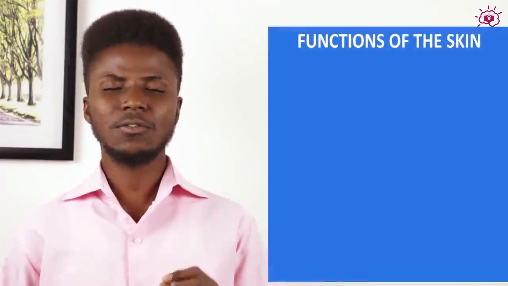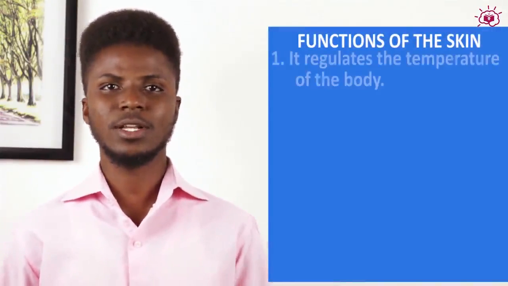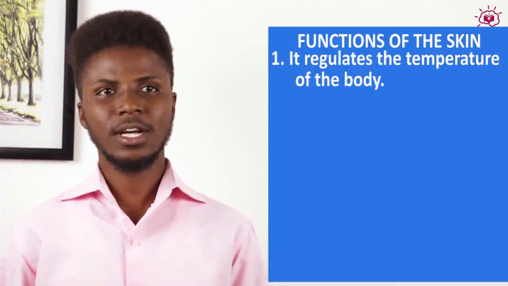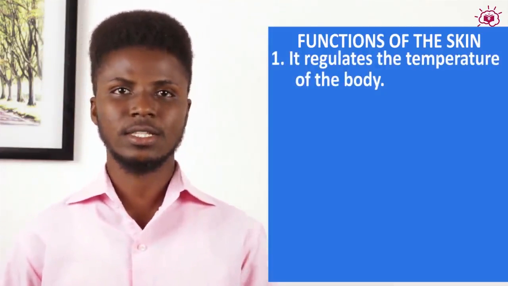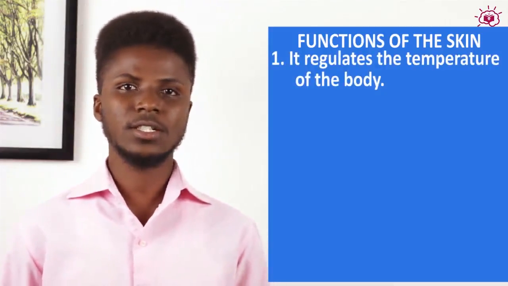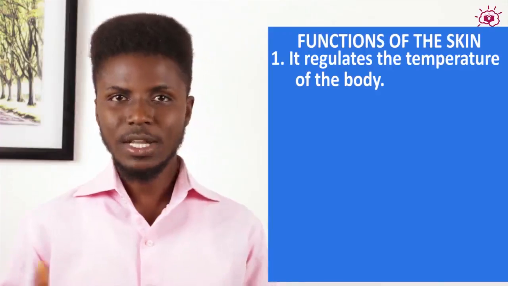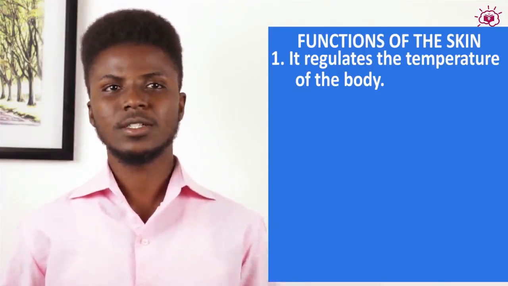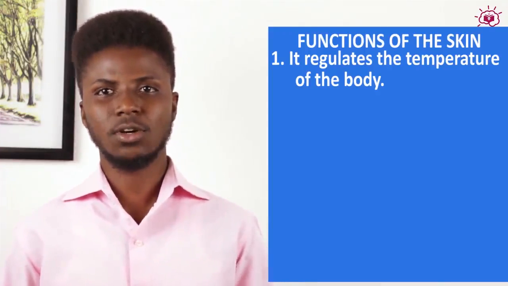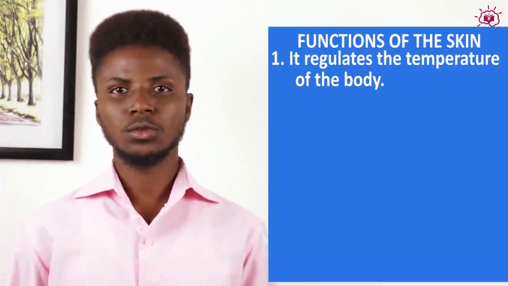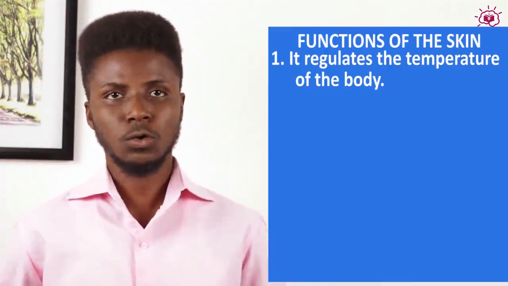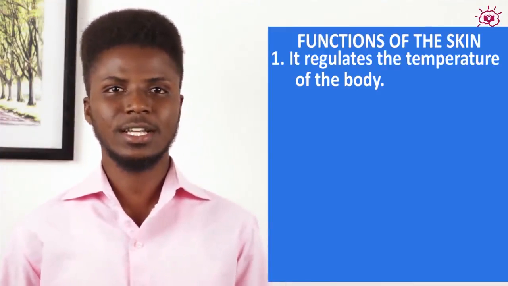Now, the functions of the skin are many, but the major function of the skin is that it helps to regulate the temperature of the body, and it does that through what are known as the sweat glands that are located on the surface of the skin. When an organism is in a hot environment, the skin stimulates the release of water or sweat through the pores, which in turn cools the skin or cools the body and reduces the internal temperature.